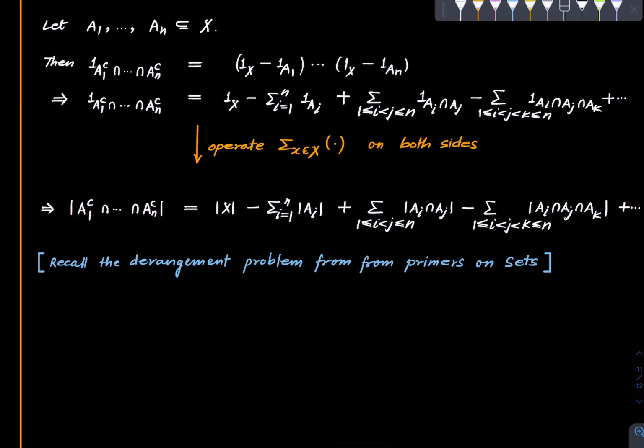But this is what the inclusion exclusion formula is. You can apply De Morgan's law here, and you can write the left side as X minus the union of these things, so cardinality of that, and it will look more like the inclusion exclusion formula now. So this is equal to the difference of that.